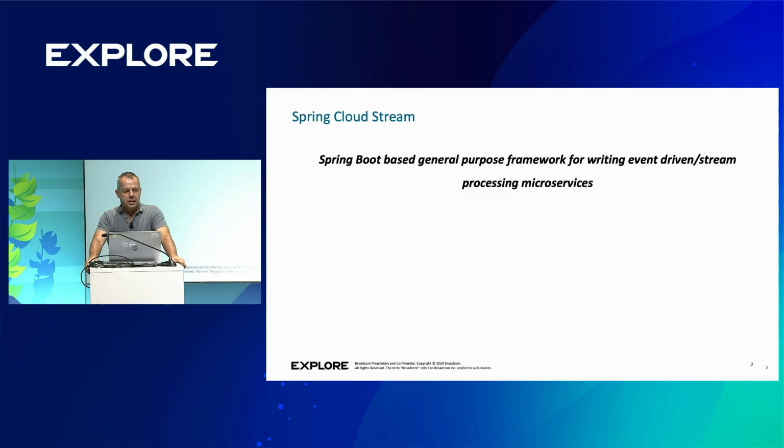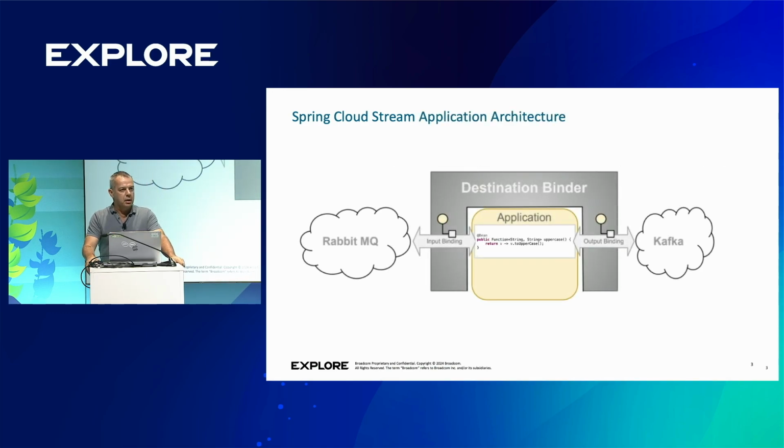So what is Spring Cloud Stream? In simple terms, it's a Spring Boot-based general purpose framework for writing event-driven microservices. Again, it's a very light way of explaining it. A better way is to look at the image and explain what it really does.